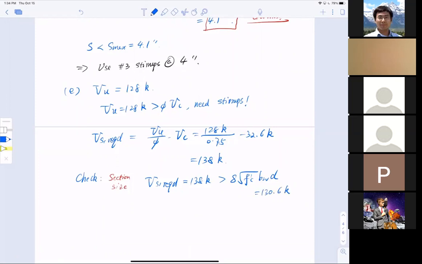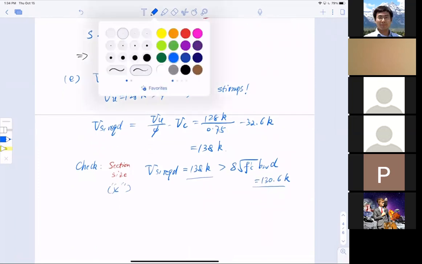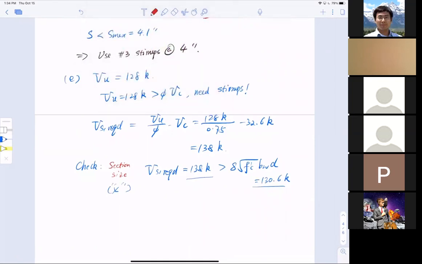Even bigger than this number, so it fails. What does it mean? It means the job is over, I will stop calculating. You know what, guys, it cannot take this much. Go back and increase your section.